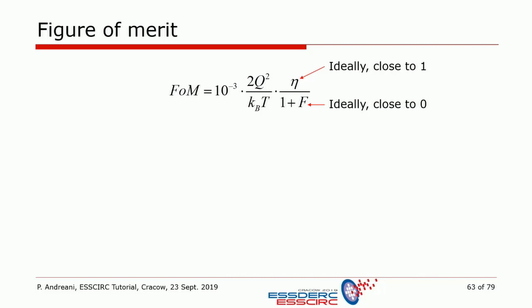So ideally the efficiency is 1, and also ideally there is no noise coming from the active devices. So ideal efficiency in terms of power delivered to the tank, and no extra noise from the active devices.